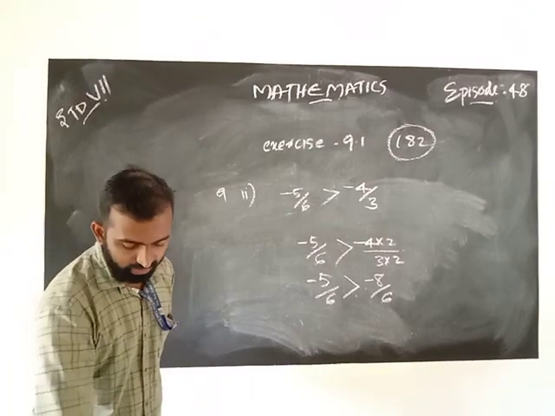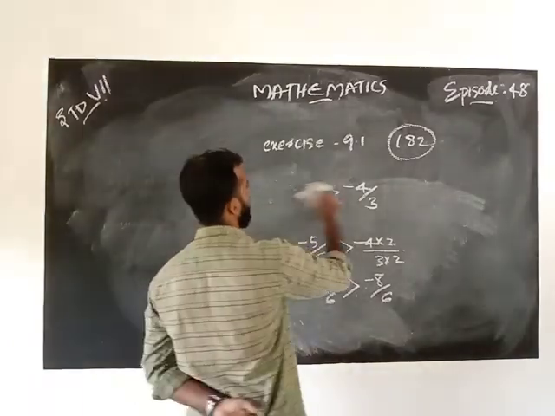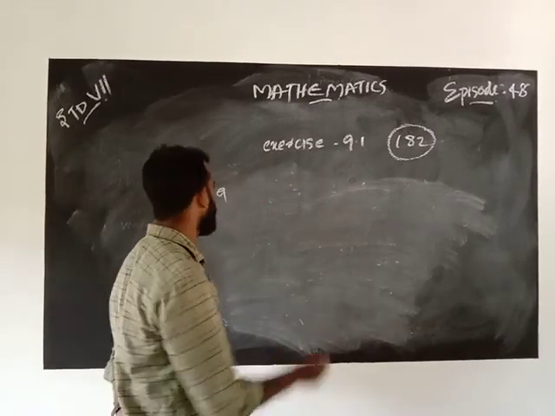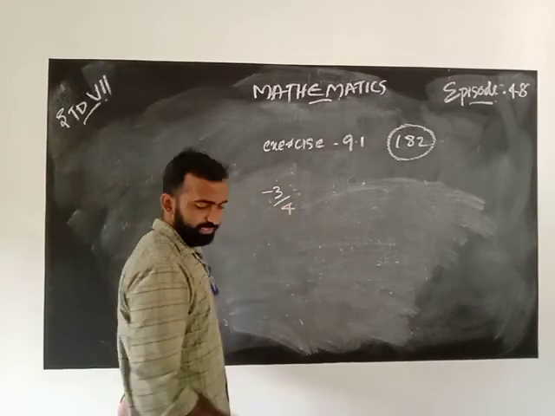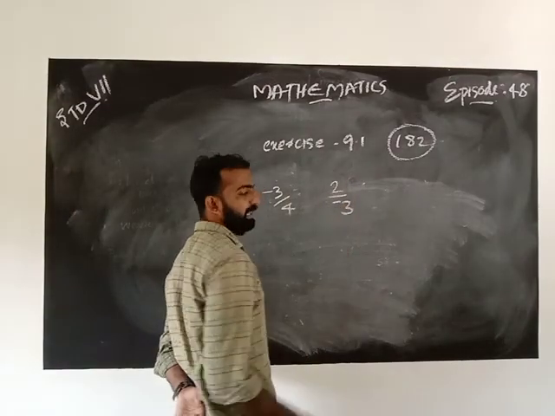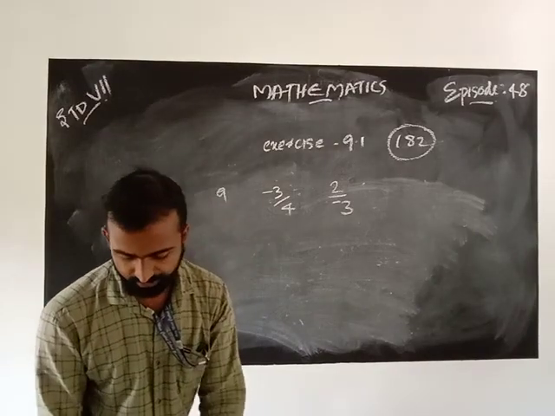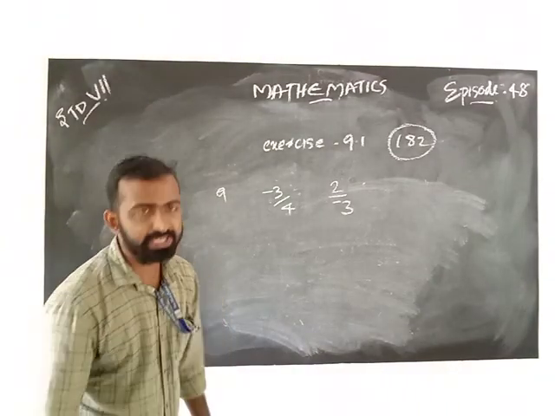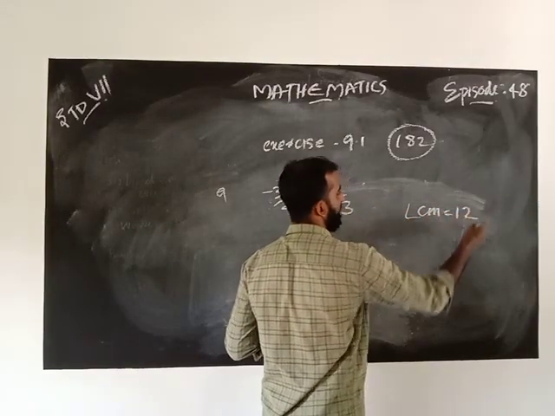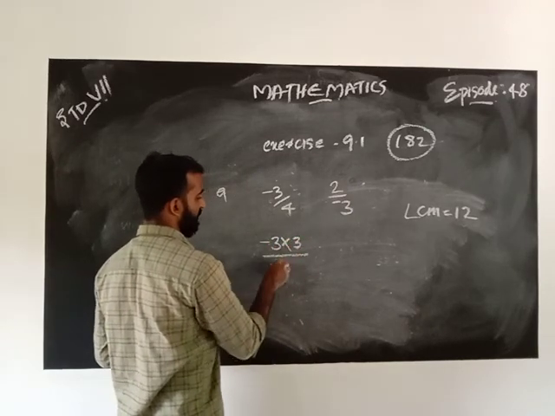And next question, third one, is negative 3 by 4 and 2 by negative 3. Here we take the LCM. What is the LCM? We get LCM as 12. That is negative 3 into 3 divided by 4 into 3.